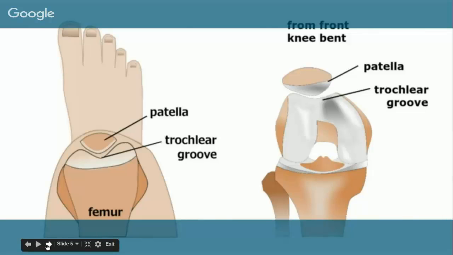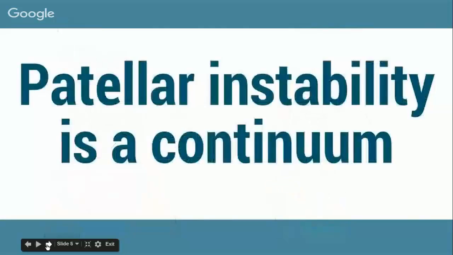Okay, now you gave me this slide, or we developed it together, that it's a continuum. Yes. Is recurrent instability at the far end of the continuum, or is there worse than that? What do you mean by the opposite end of this continuum? The lightest kind of patellar instability is where the patella just subluxes rarely.